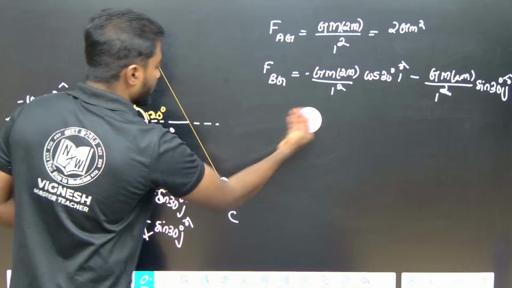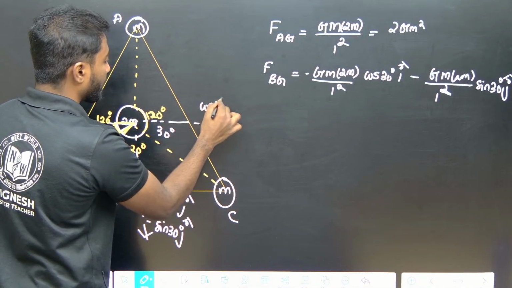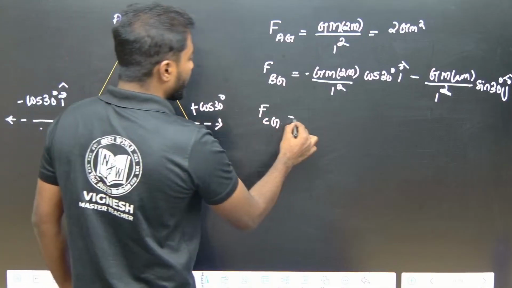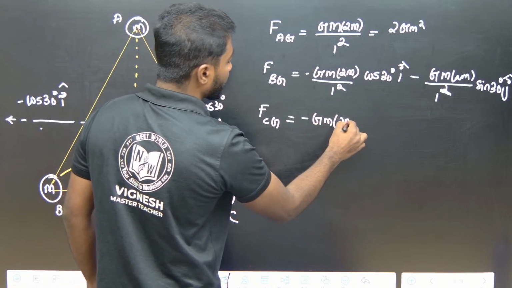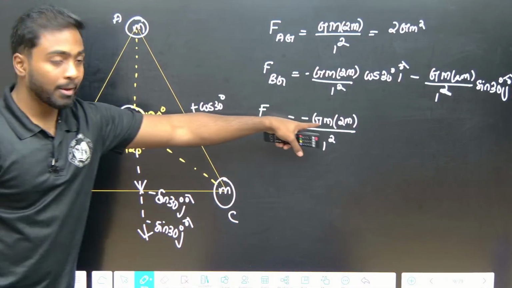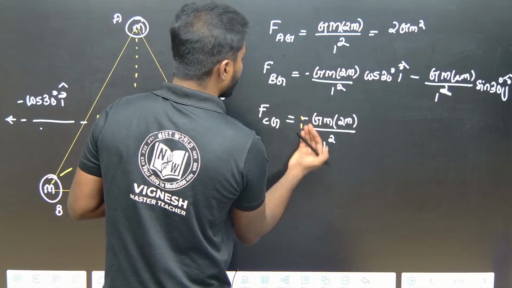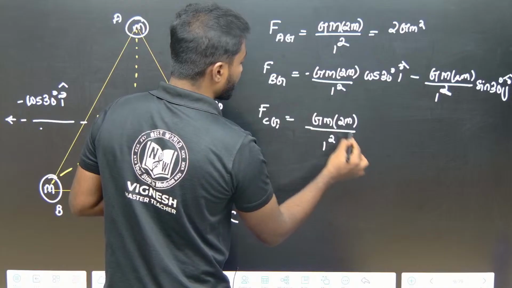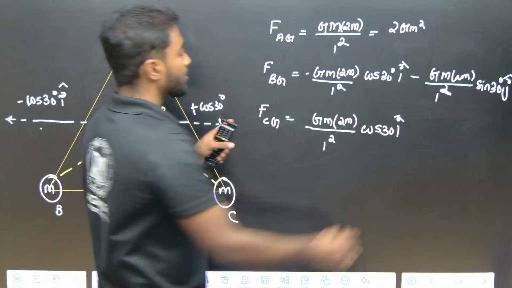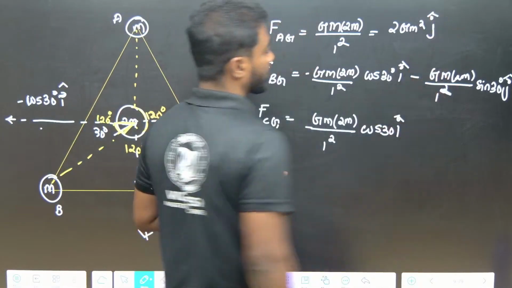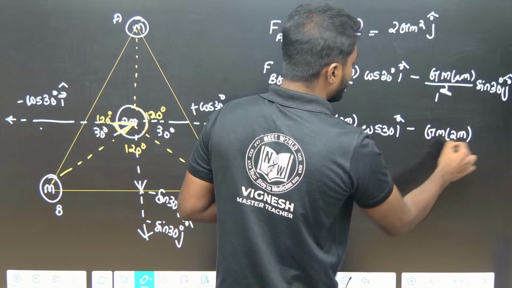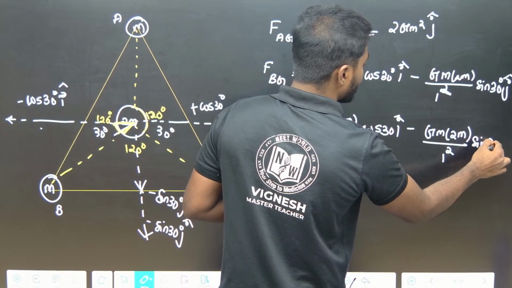Now FCG will be equal to G M into 2M by 1 square, positive cos 30 degree i cap, I should mention the axis, and minus G M into 2M by 1 square sine 30 degree j cap.